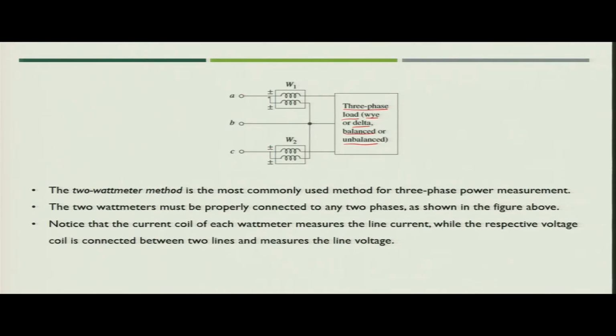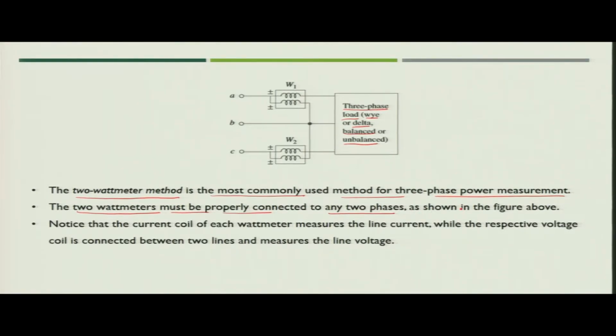So, for W1 the potential coil is connected between A and B, and for W2 the potential coil is connected between C and B. So, the 2 wattmeter method is the most commonly used method for 3 phase power measurement. 2 wattmeters must be properly connected, as we see in this figure, to any 2 phases.